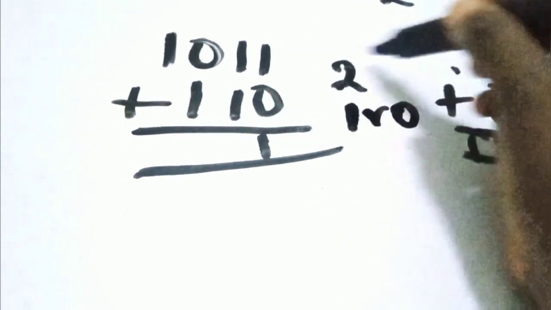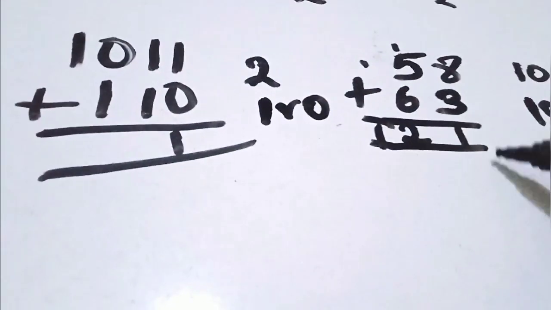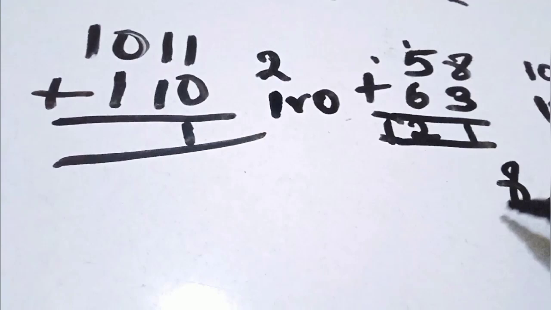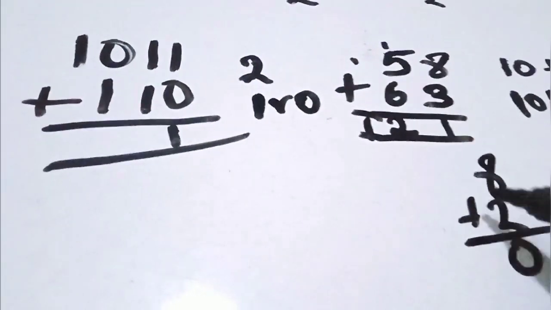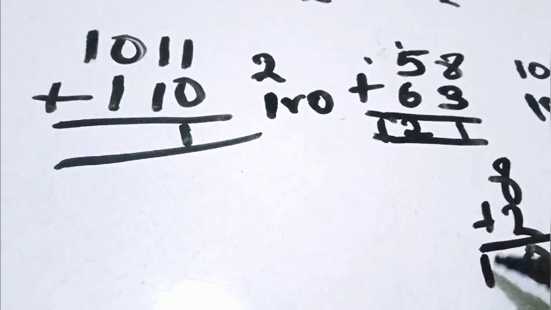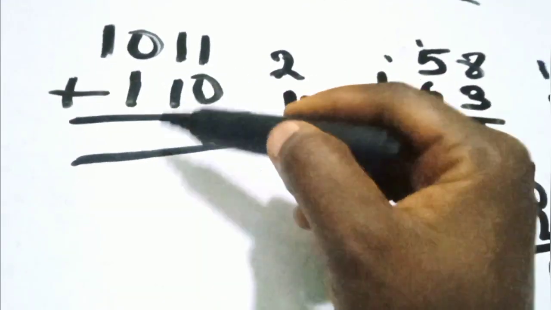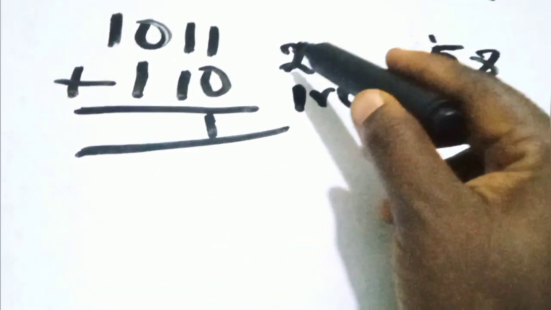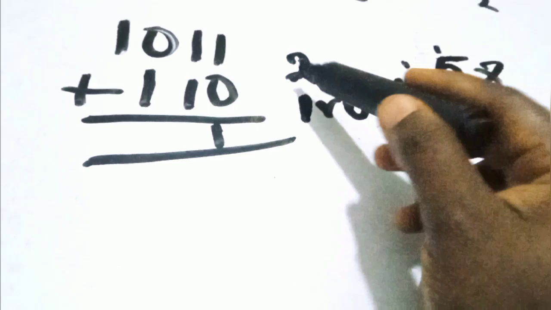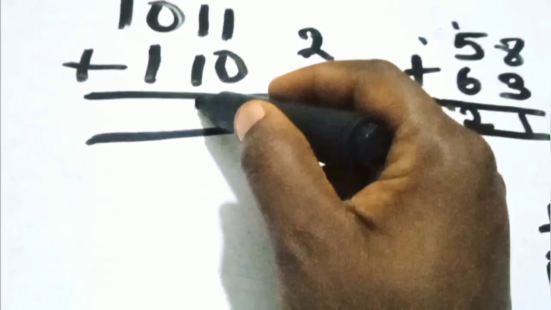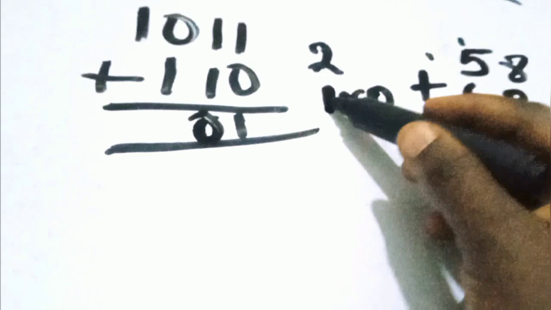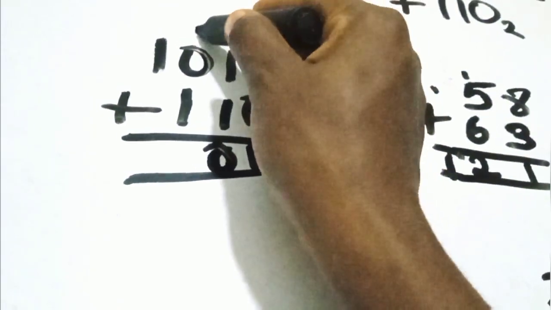So when it reaches 2, it's the same thing as saying 8 plus 2 in base 10. That will be 10, and you put 0 and carry 1 over. So here, since it is 2, you cannot put 2 here. What you do is 2 divided by 2. That will give you 1 remainder 0. Put that remainder here. Carry this 1 over to this place. So you carry over 1.